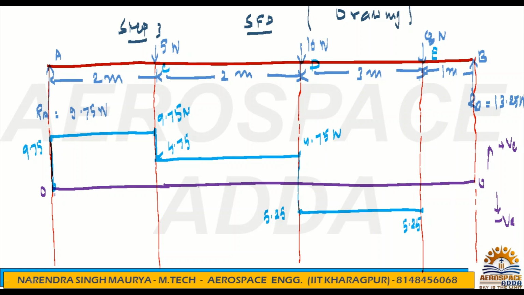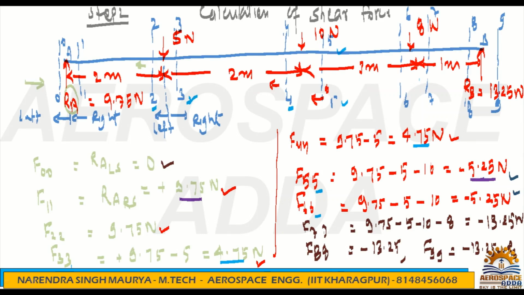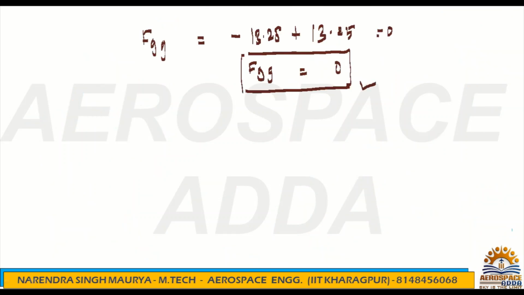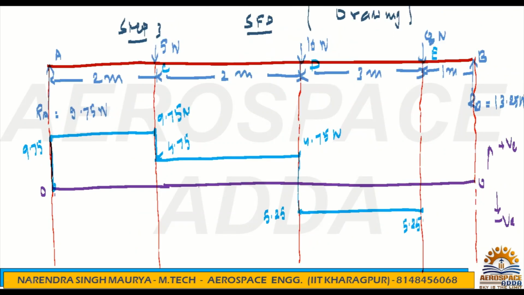You see what is the value just after 8 Newton. Just after 8 Newton means it's 7.7. It becomes minus 13.25, meaning more negative. So you have to go more down because you got more negative, and this is 13.25.